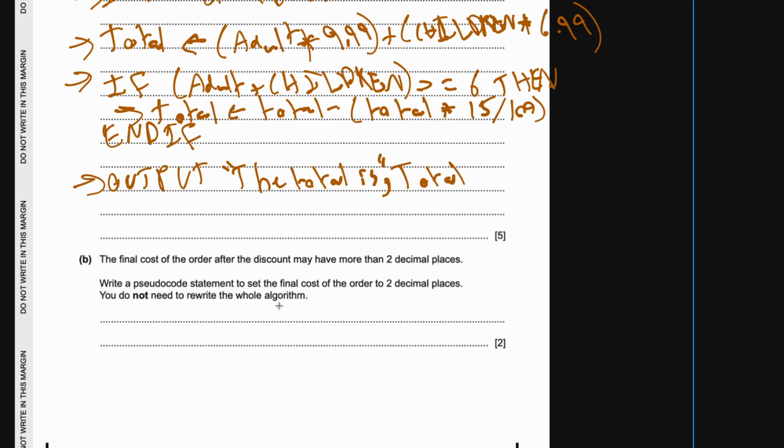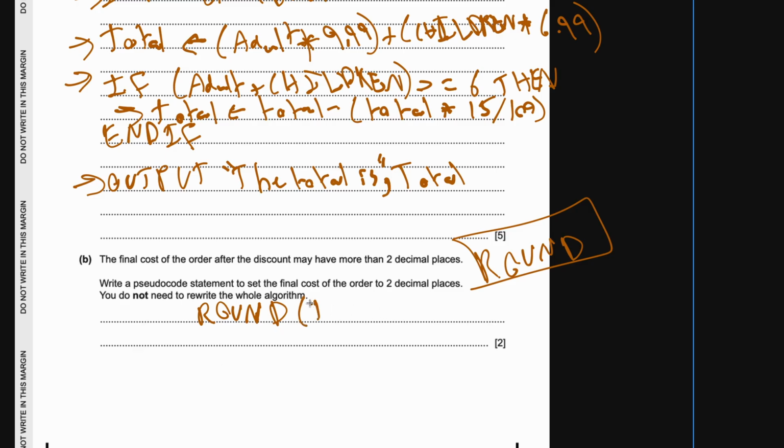Okay. So basically, we have a very useful statement, which is round, right? Round basically rounds any number. But if we just round, that won't do anything. We have to put in parameters.